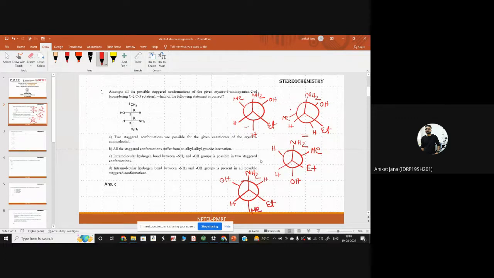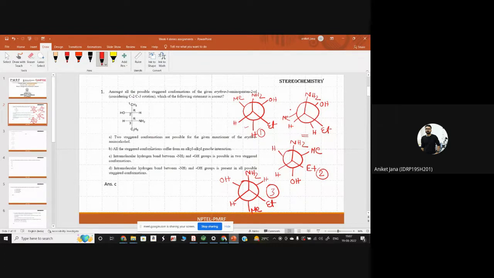Okay, so how many staggered conformations are possible? This is one, right? This is another one, and this is another. So it is saying that two staggered conformations are possible, so it is not correct. It has more than two staggered conformations.